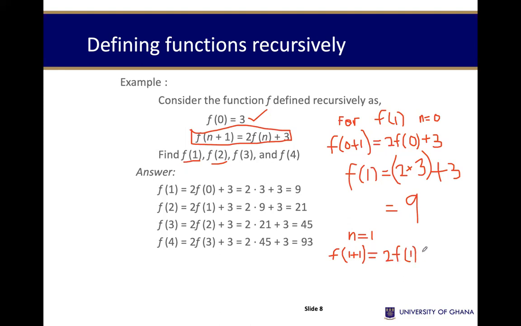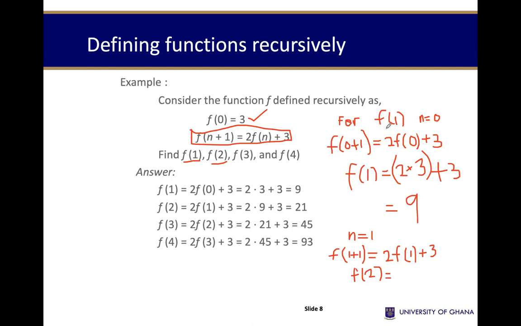Can you see that? So that's actually going to give me f of 2, because 1 plus 1 gives f of 2 here. Now f of 2 will be equal to 2 times f of 1.